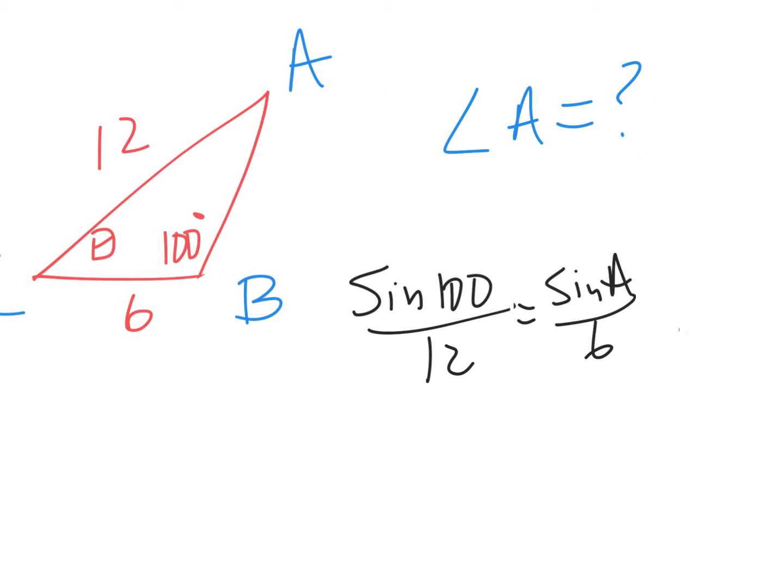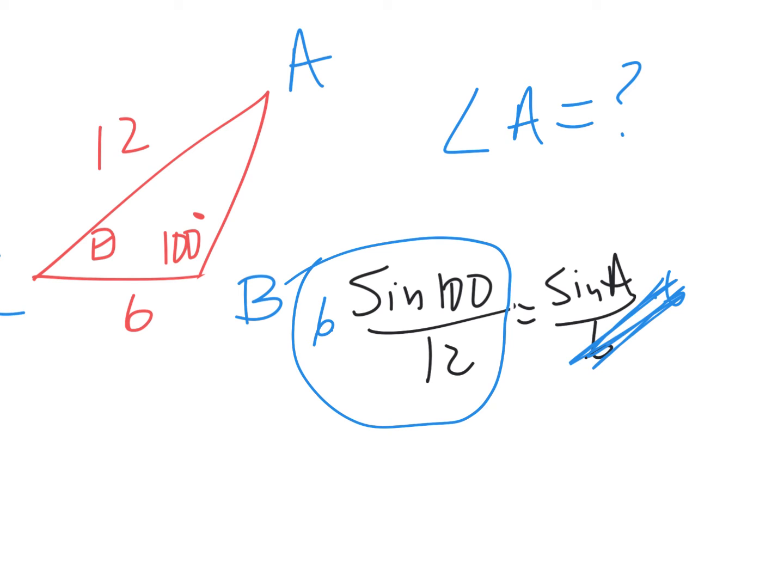If you're going to solve this, you times both sides by 6. And then if you can put that in the calculator, I personally would do 6 over 12 as 1/2, so I do 0.5 times sine 100. And then I take inverse sine of that.